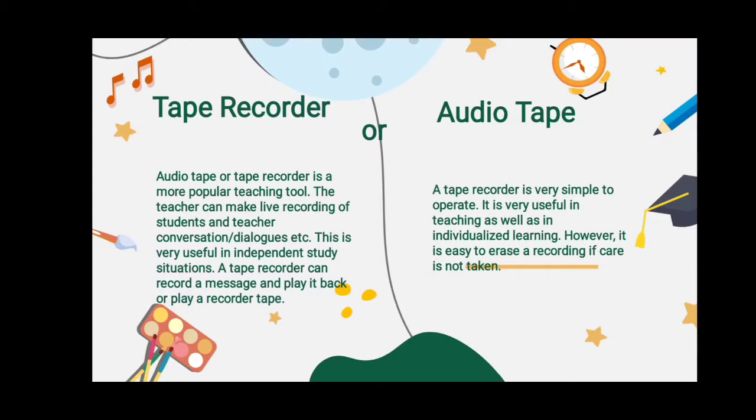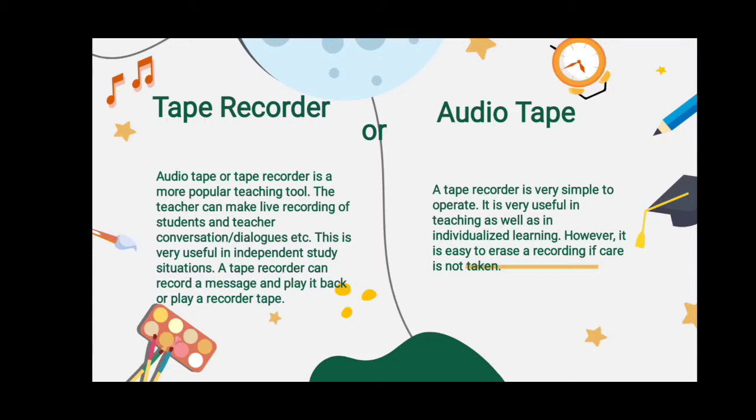And then a tape recorder can record a message or the explanation or the material that the teacher wants to explain to the students by recording the explanation on the tape recorder, and then the students can play it back as much as they want to.